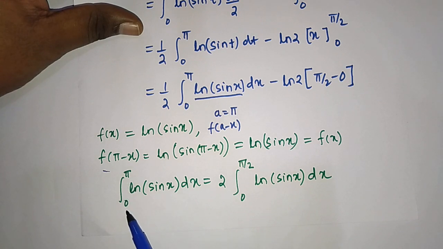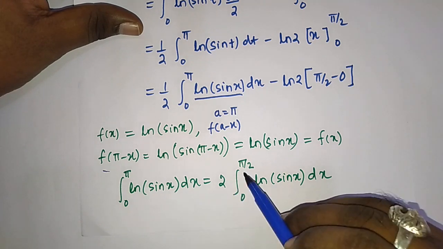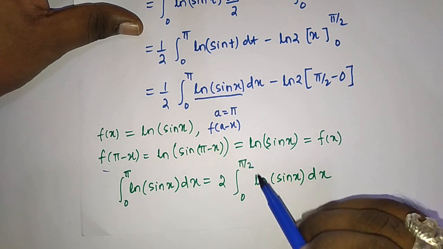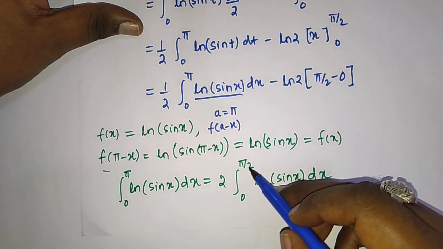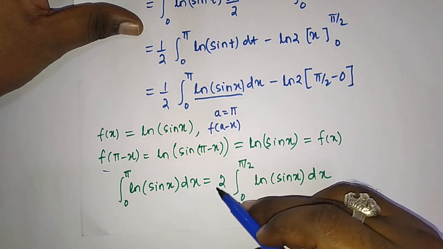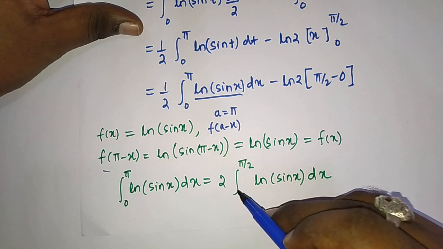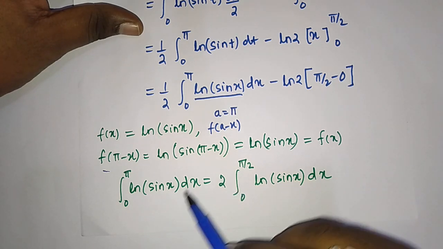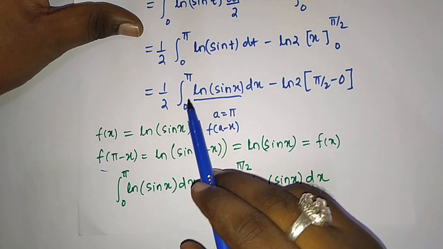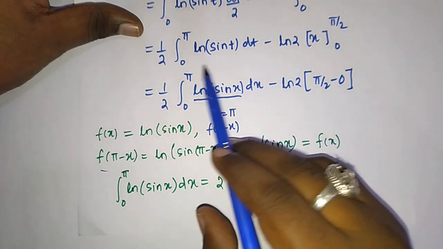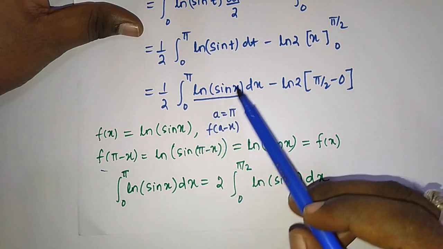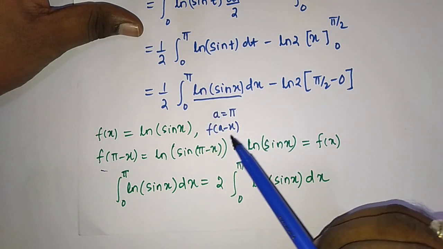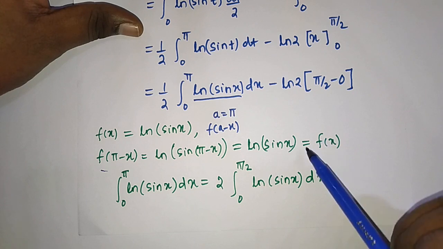we will get the integration of ln sin x from 0 to pi, this upper limit will be divided by 2. Okay, it will become integration of ln sin x from 0 to pi by 2, and 2 will be multiplied outside of the integration. So in place of this integration we can put this integration, because the function f of x satisfies this property 6.